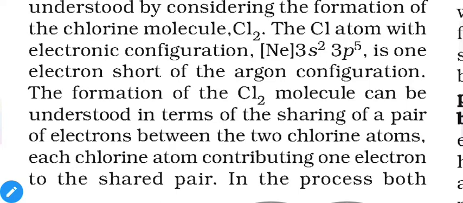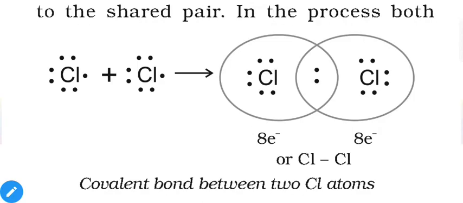The formation of the Cl2 molecule can be understood in terms of the sharing of a pair of electrons between the two chlorine atoms. Each chlorine atom contributes one electron to the shared pair. That means both chlorines will have one common pair of electrons, and in that pair both are contributing one electron. As we can see here, we have the Lewis symbol representation of chlorine atoms, with the cloud of electrons mentioned around each chlorine.